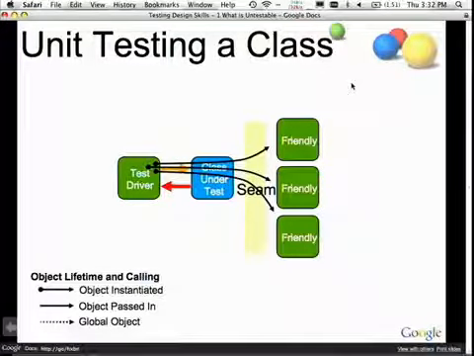Now this gives me a choice in a testing world, because now I am free to instantiate a subset of the application that I want to test. I no longer have to instantiate the whole thing. I simply instantiate the stuff that I really, really care about.